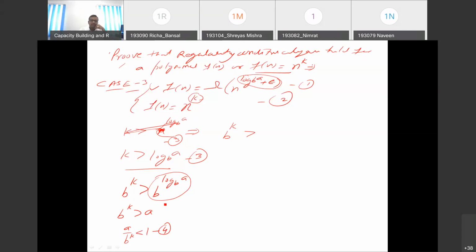Fine. Okay. Now move forward. Now we know that a upon b raised to the power k is going to be a value which is lesser than 1. So ये हमारा अब तक का conclusion है. अब कहते हैं कि we know the definition of regularity condition, जो हमने अभी ऊपर लिखी थी.